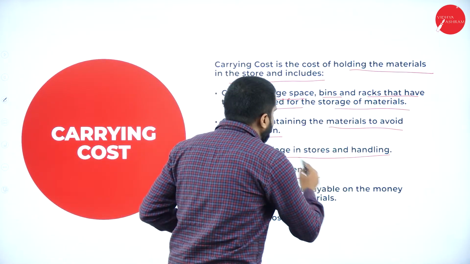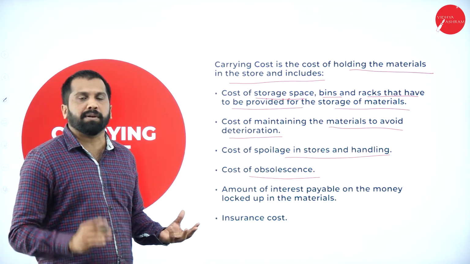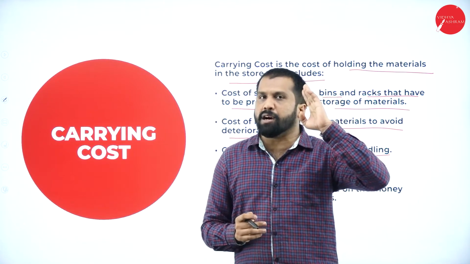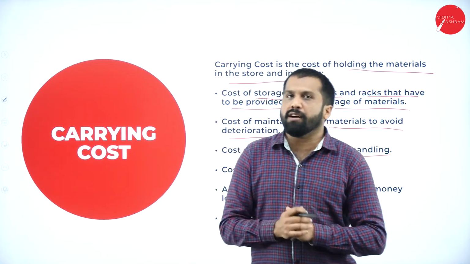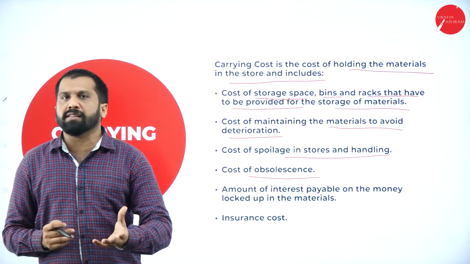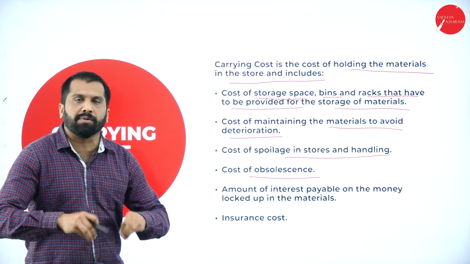Cost of obsolescence. What is obsolescence? Becoming old. I'll give you the best example. Your friend's birthday is in the month of December. Now we are still in the month of June or July. Will you purchase the mobile now itself?